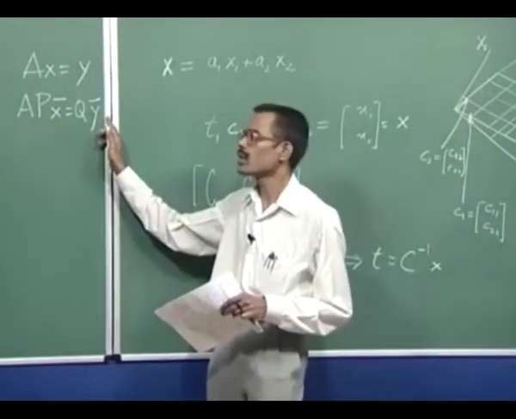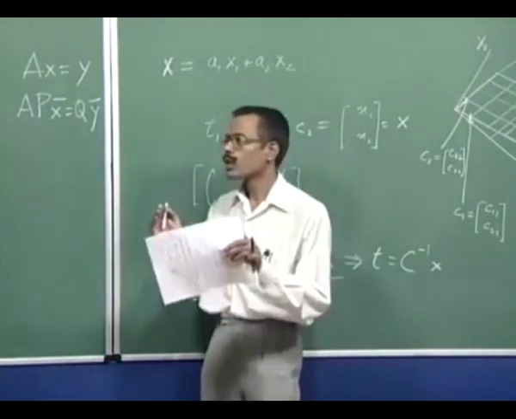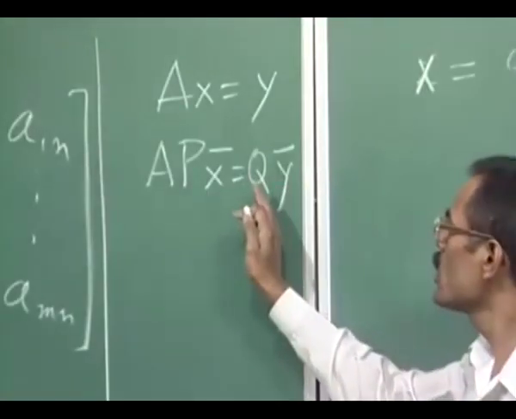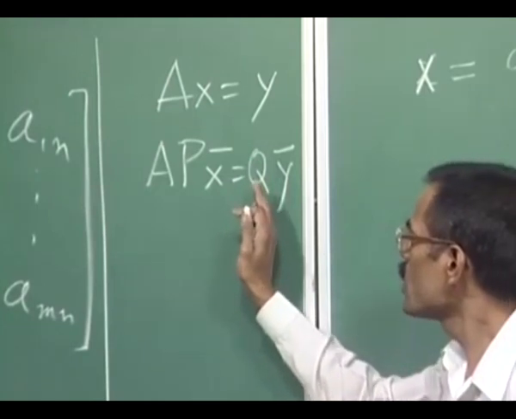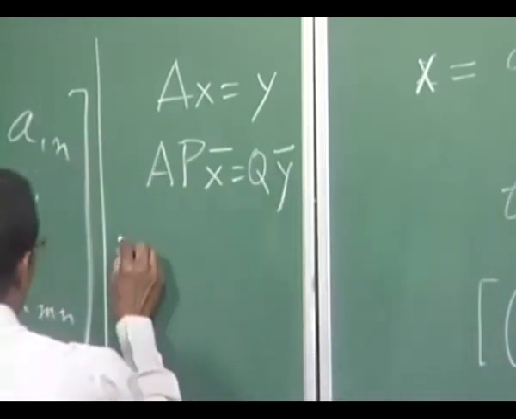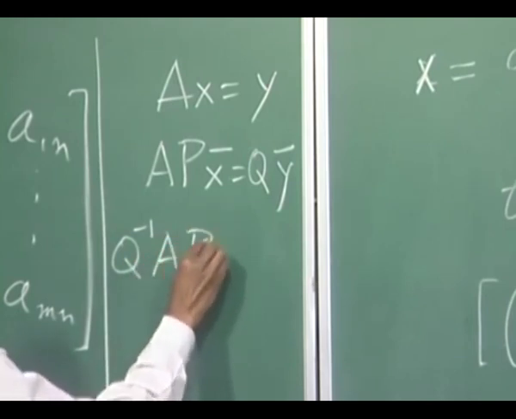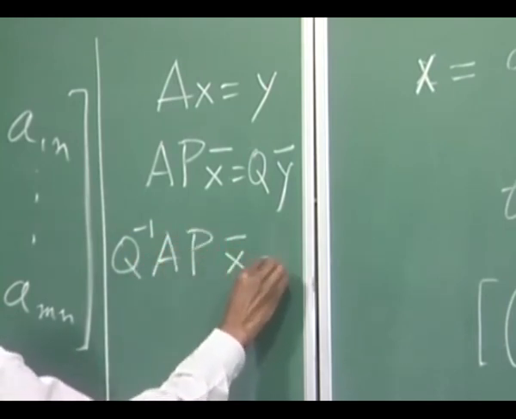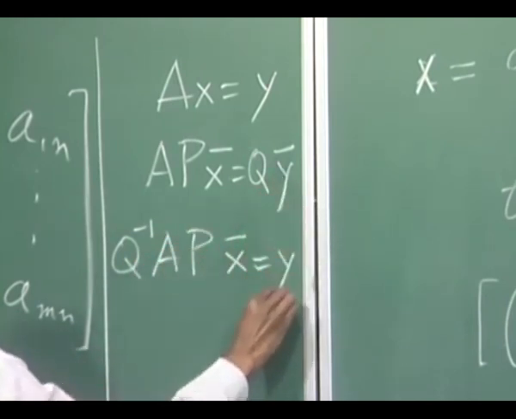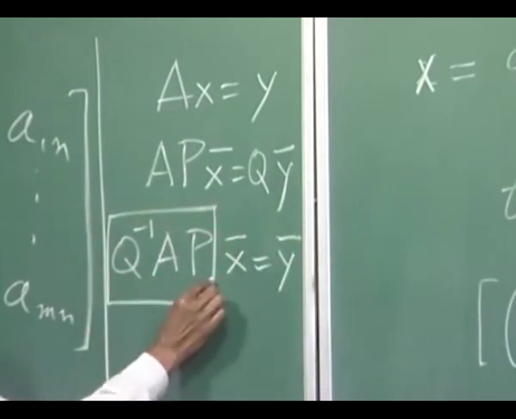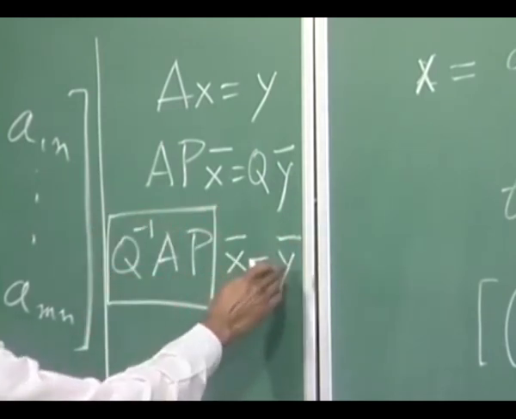That means, we wanted something such that something into x bar gives us y bar. To get that, we can pre-multiply with Q inverse and get Q inverse A P x bar is equal to y bar. This matrix will now map x bar to y bar.